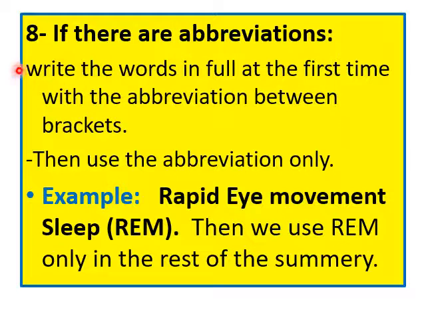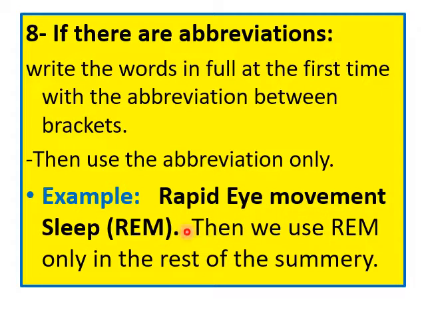Write the words in full the first time with the abbreviation between brackets. Then use the abbreviation only. Here I have an example: rapid eye movement sleep.